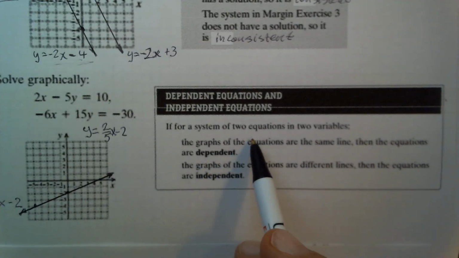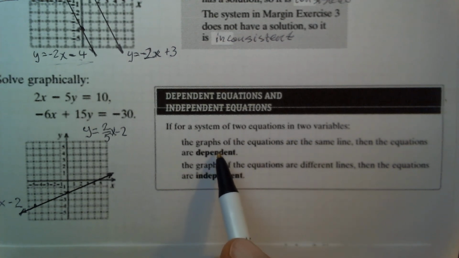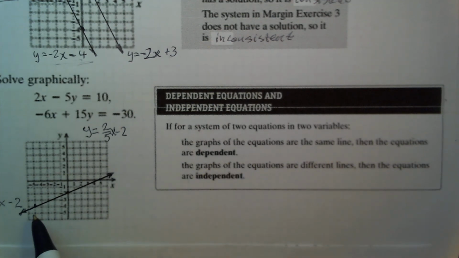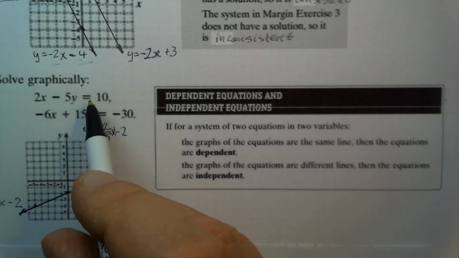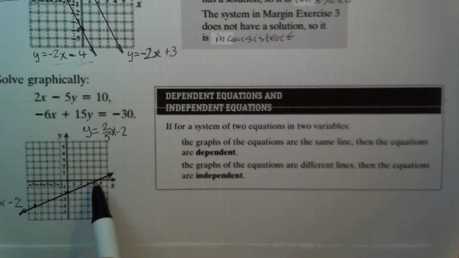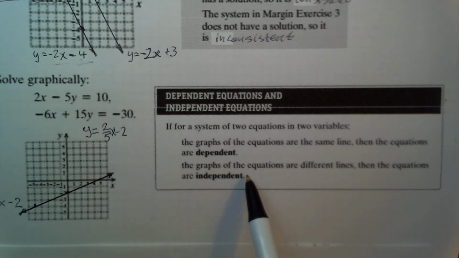If for a system of two equations in two variables, the graphs of the equations are the same line, then the equations are dependent. And that's what's happening here. When we solve the equation for y in each case, we get the same equation, so they are represented by the same line. If the graphs of the equations are different lines, then the equations are independent.